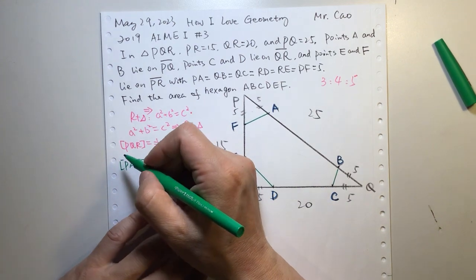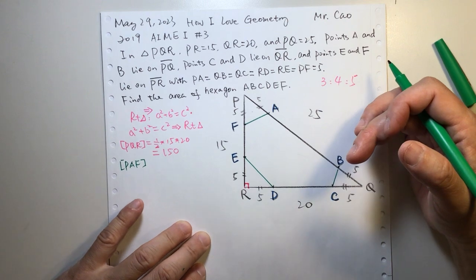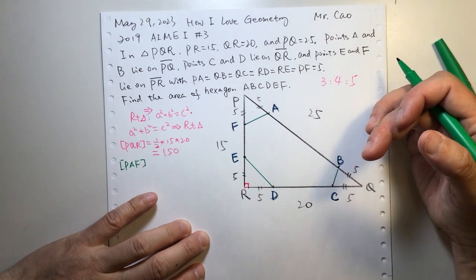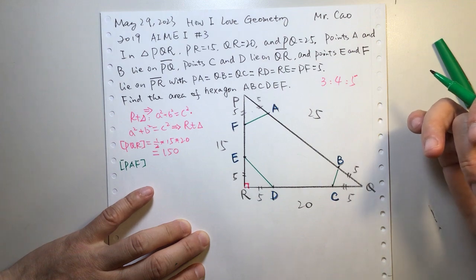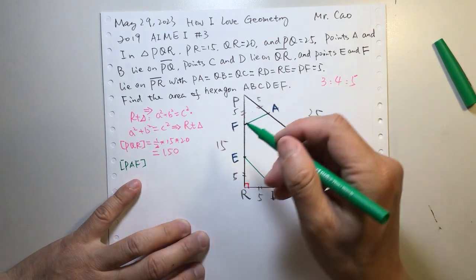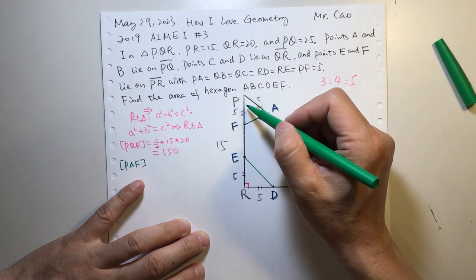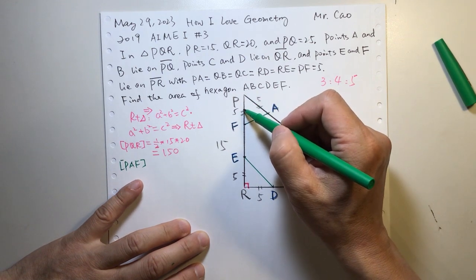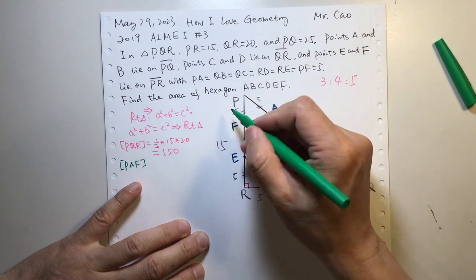After we calculate these 3 small triangles' areas, I will review something about how to calculate the area of triangles. For this triangle, we know the sides PF and PA are both 5.